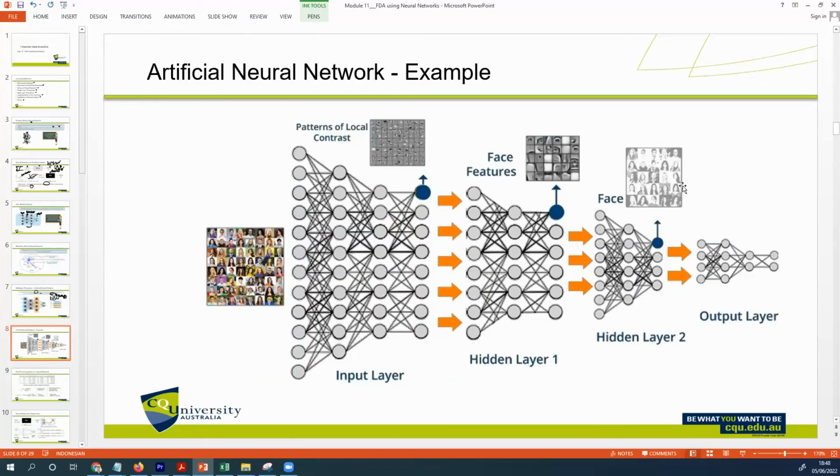This is an artificial neural network example. Nowadays, people can conduct face recognition and clustering with neural networks.